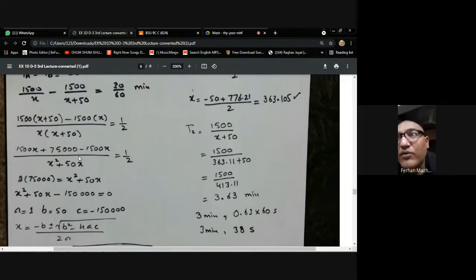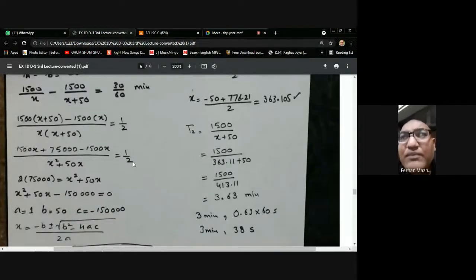So here we have minus 1500x. When 1500 multiplies with the bracket, it gives 1500x plus 50 times 1500, which gives you 75,000. Then we have minus 1500x. The positive 1500x and minus 1500x cancel each other, so you are left only with 75,000.